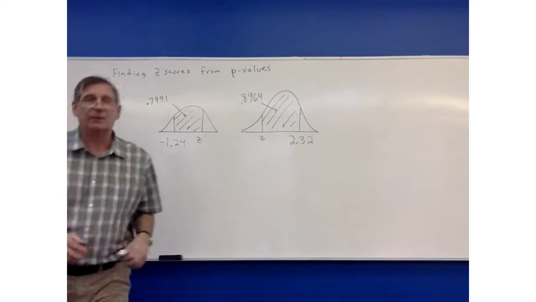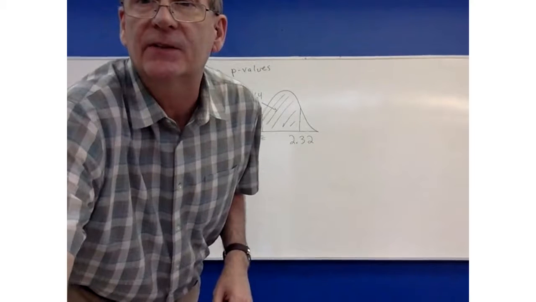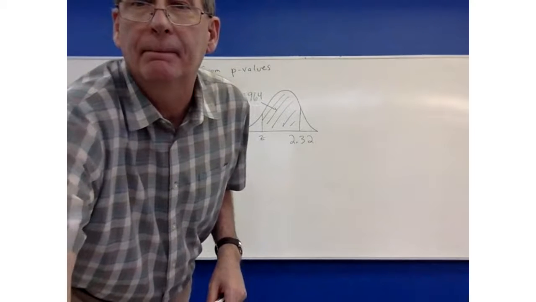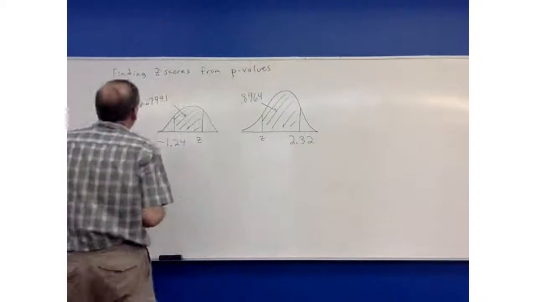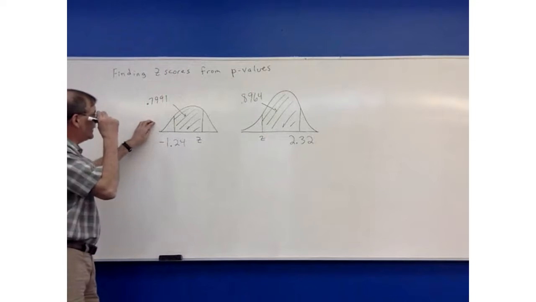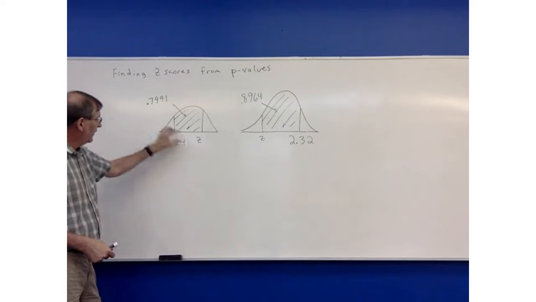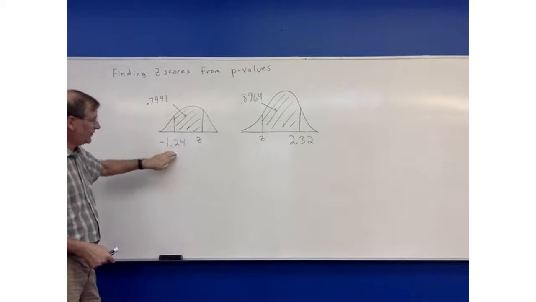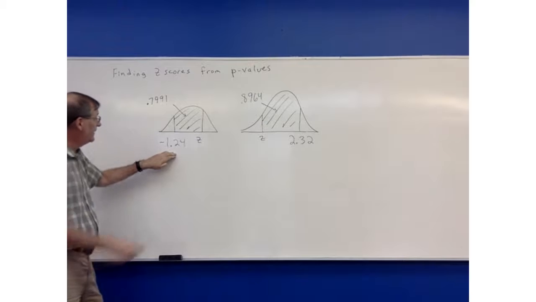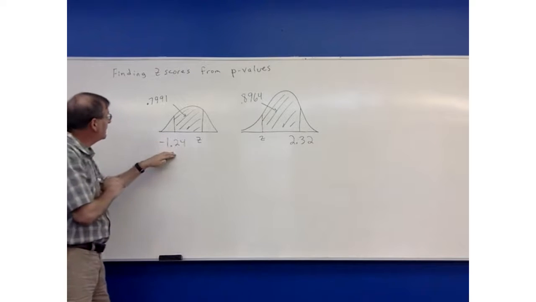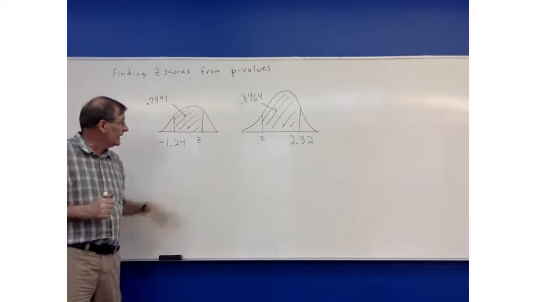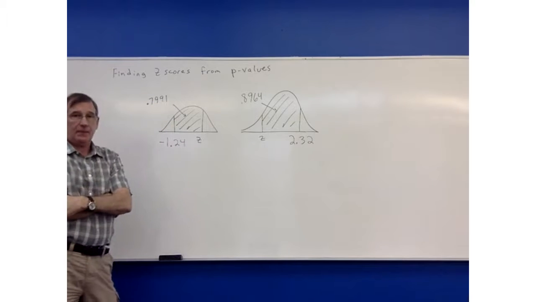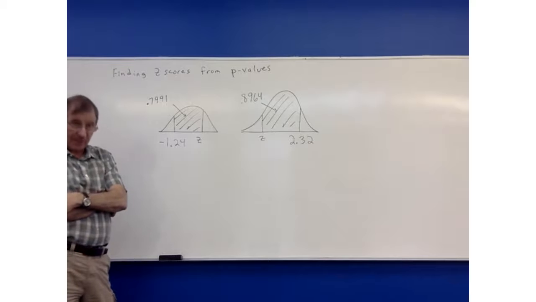Okay, I've got a couple of problems up here. Now this problem right here, we've got z sitting right here. We know that this z-score here is negative 1.24, and we have 0.7991 as the shaded area. How are we going to get that z? Think about it. There's geometry at work here.